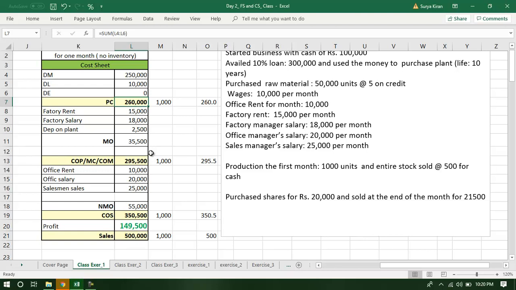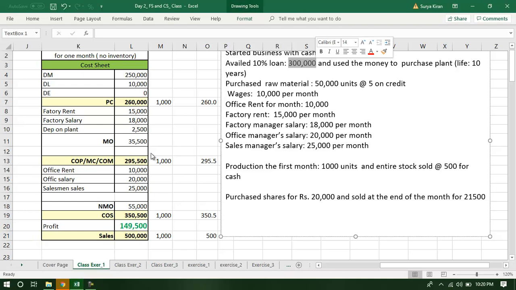Add the manufacturing overheads. That means overheads incurred in the factory. So factory rent, factory manager's salary, and depreciation. 15,000 rent, manager's salary 18,000. And depreciation, we can see that the cost of the plant is 300,000, but that is an asset.